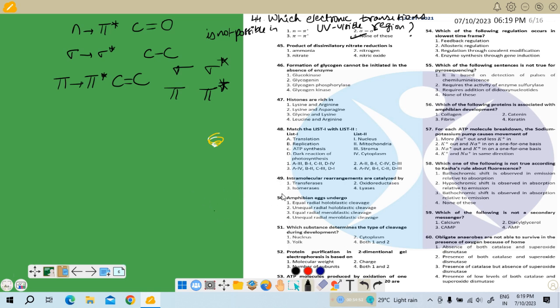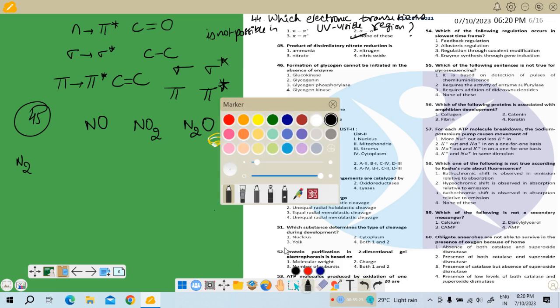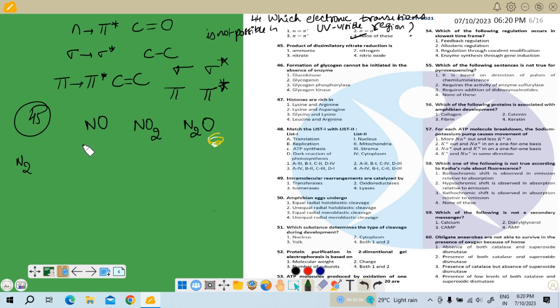45th, product of dissimilatory nitrate reduction is ammonia, nitrogen, nitrate, nitric oxide. So first we have NO, then NO2, then N2O, and single N2. Single N2, you all know, is nitrogen.